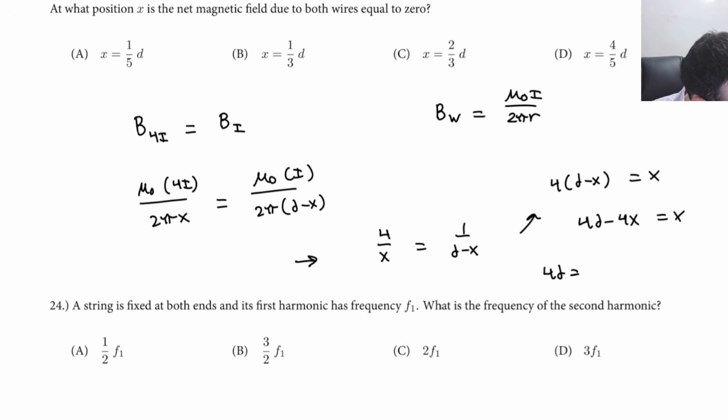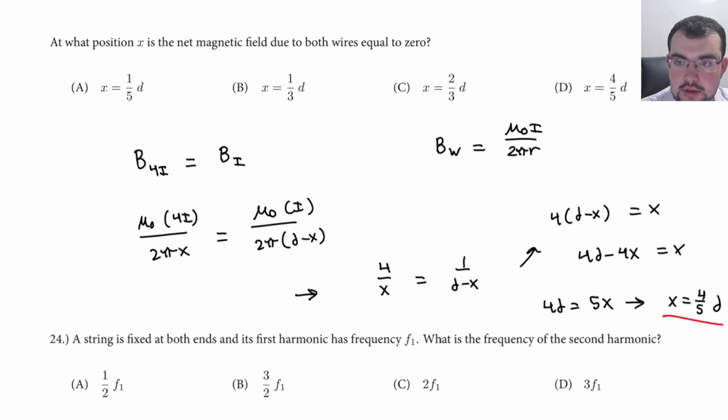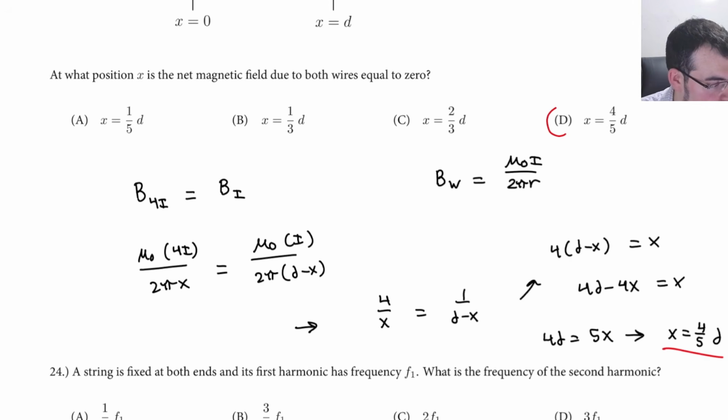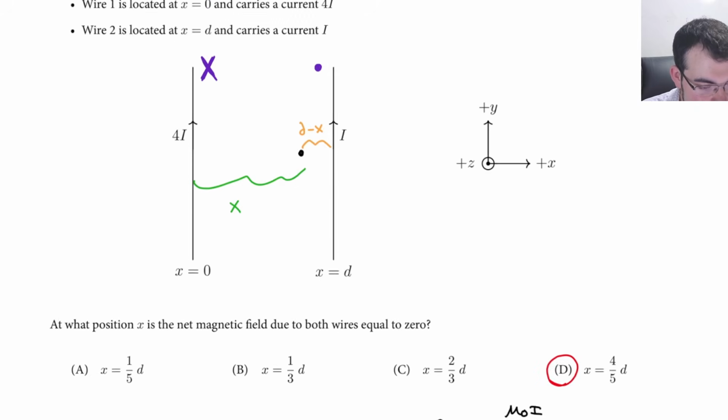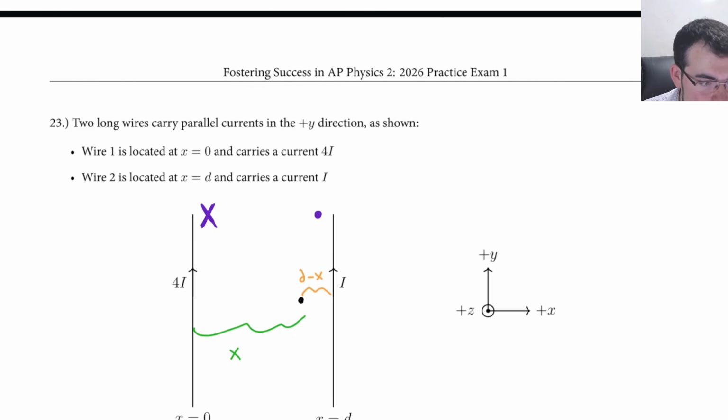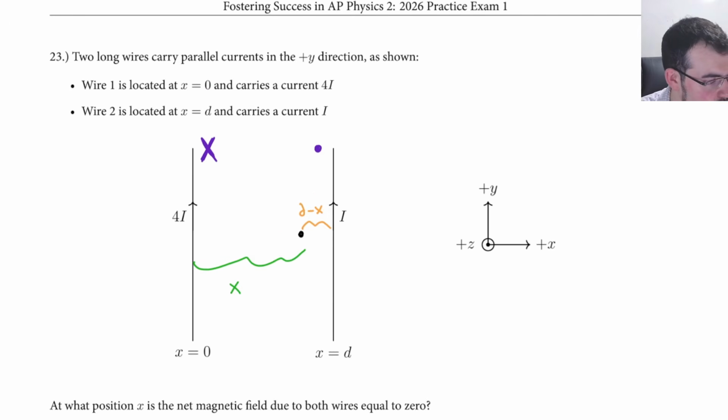So 4d equals 5x. So x is equal to 4/5 d. What did I rate this one? 23. This is level 2. I think this is borderline 3 because of the algebra.